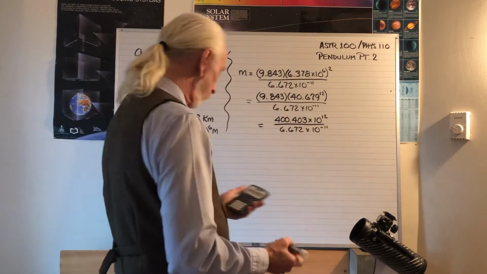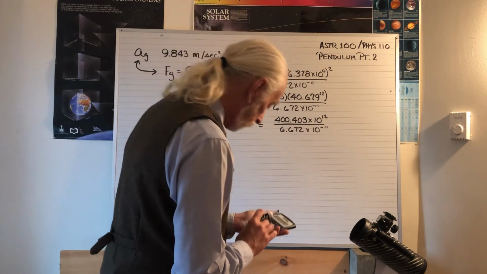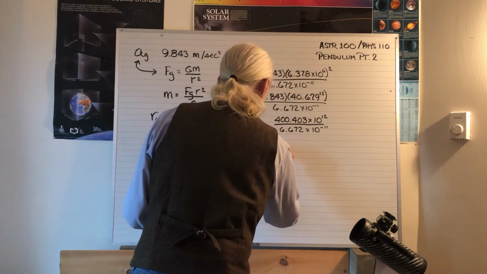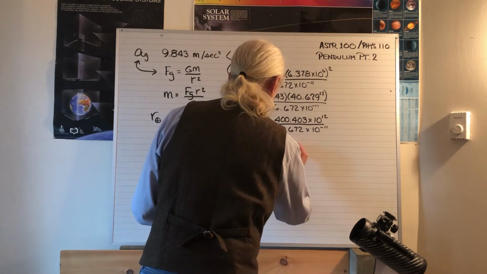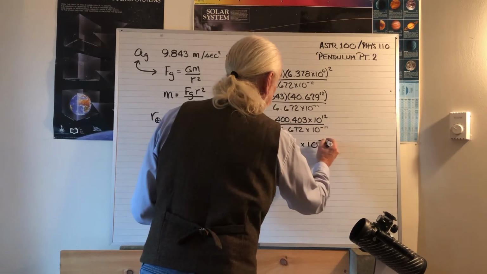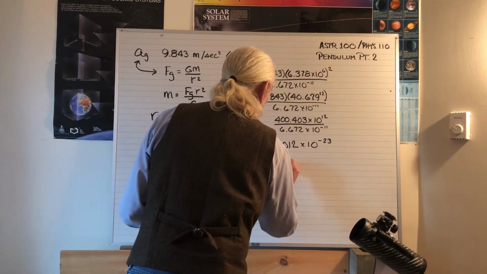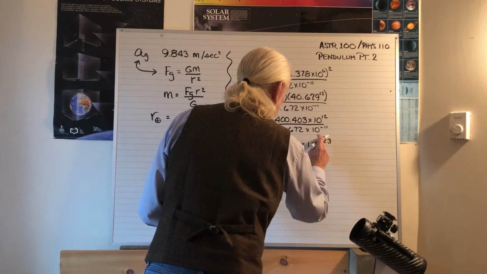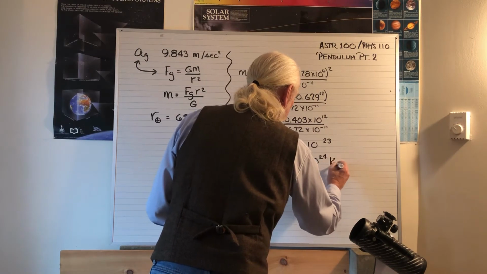Now I'll divide. I get 60.012 times 10 to the negative 23, which becomes 6.001 times 10, oh that's a positive 23, times 10 to the 24th kilograms.